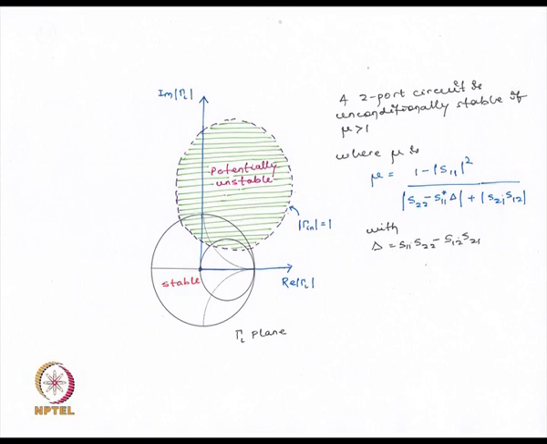If mu is greater than 1, then it corresponds to either that this stability circle has its center at the origin of the gamma s or gamma L plane and a radius greater than the radius of the Smith chart, or that this stability circle is completely outside this Smith chart, and therefore it also satisfies the condition of modulus of the position of the center minus the radius of the stability circle being greater than 1.